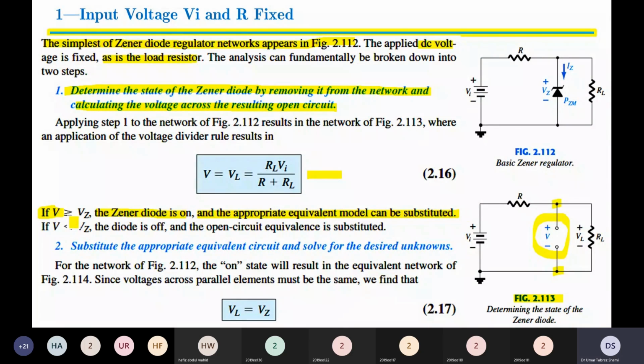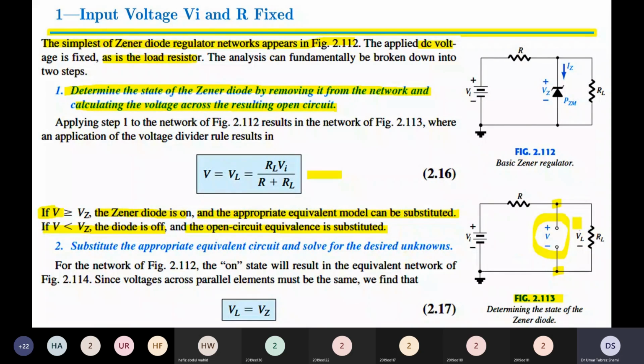That is, if after removing the Zener diode the load voltage is larger than the voltage of the Zener diode, then we say that the Zener diode is on and we can replace it with its model. But if the load voltage V is smaller than Vz, the Zener voltage, then the Zener diode is off and the open circuit equivalent is substituted.